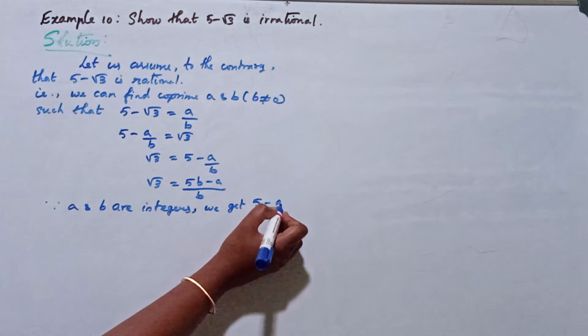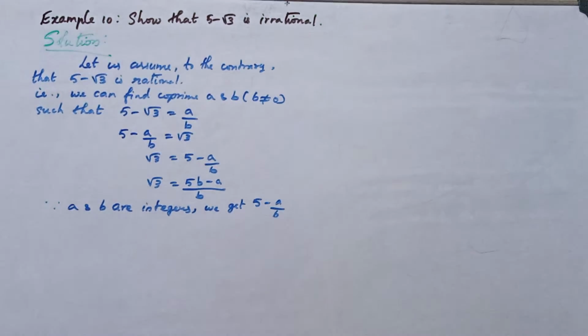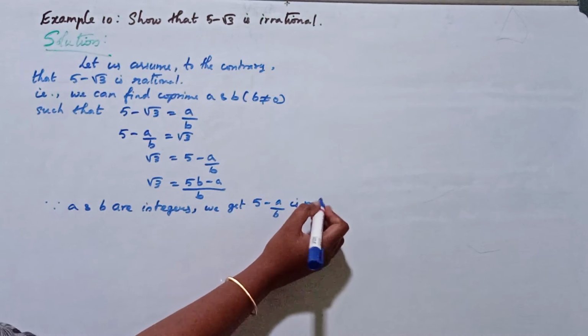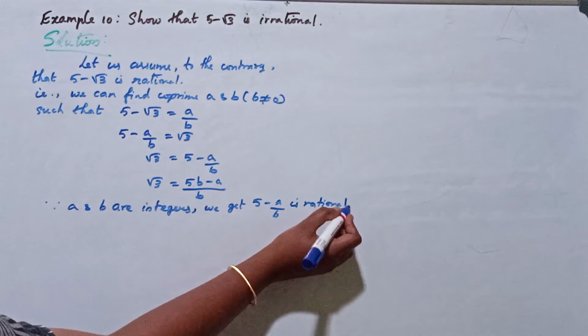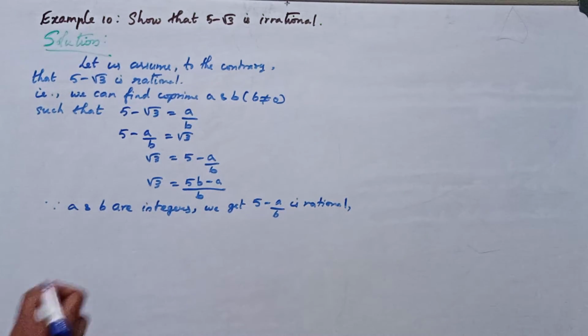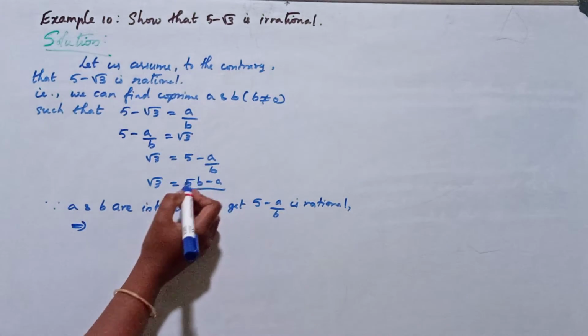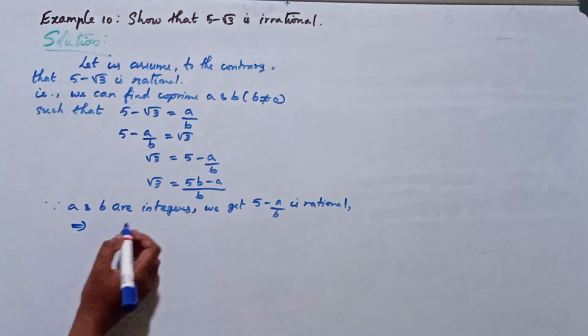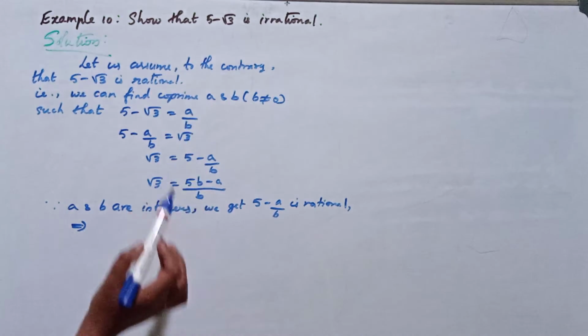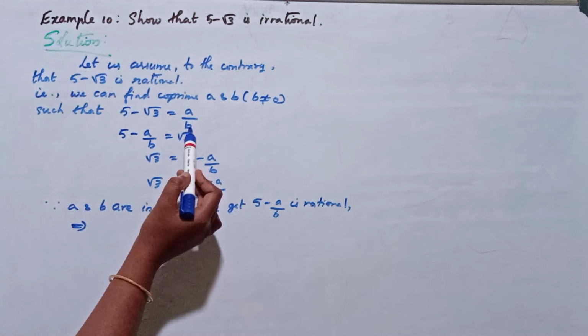5 minus a by b is a rational number, right? We get 5 minus a by b is a rational number, which implies 5b minus a by b is also a rational number. Listen carefully. You know a by b is a rational number.